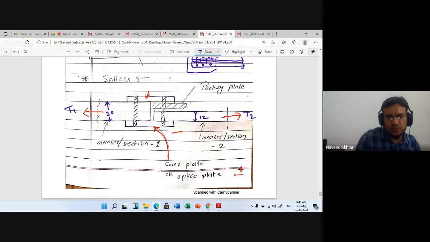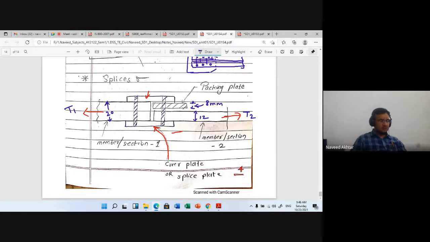So you have to provide an additional packing plate of 8 mm to avoid loosening of the connection, or to provide an additional plate for a good connection between the two members. Okay, so that's why splices are needed.